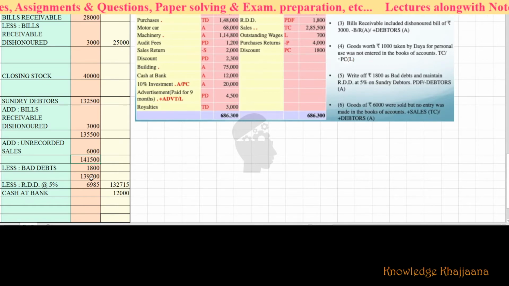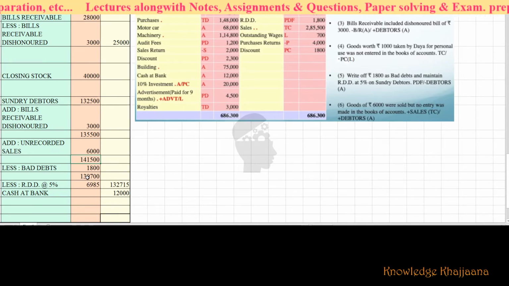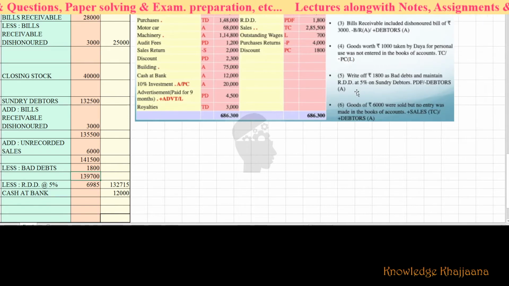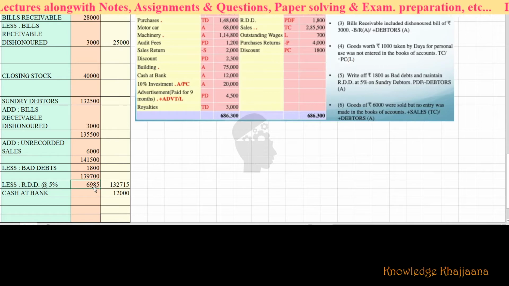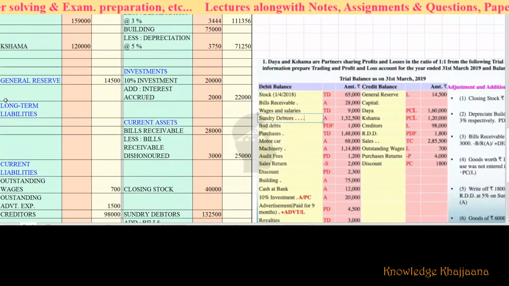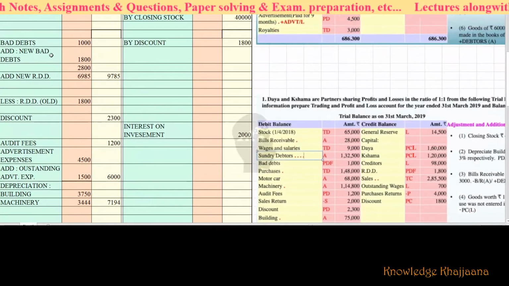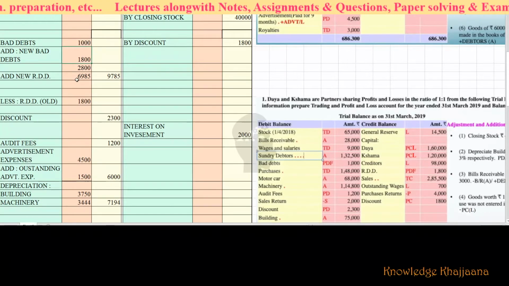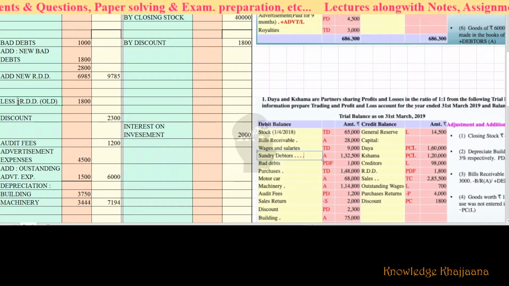And from the amount that remains, we have to calculate the reserve for doubtful debts at 5%. So this 1,800 and this RDD amount 6,985 we have to give the second effect in the profit and loss account debit side: new bad debts 1,800, and add new RDD 6,985.